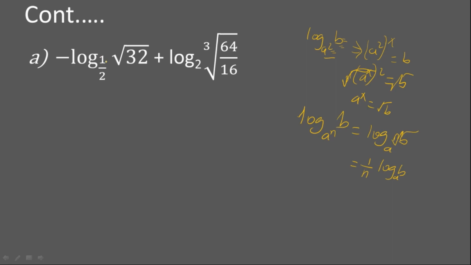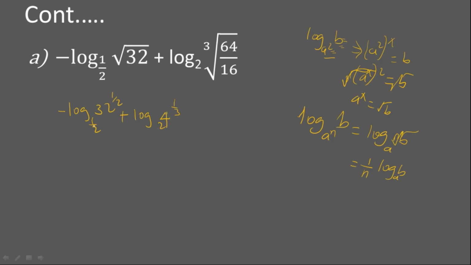So 1 over 2 means to the power of minus 1, and the exponent can be brought over here. So negative the logarithm of 32 to the base 32 to the power of 1 over 2. Since this square root means 1 over 2, plus the logarithm of, we can simplify this number easily. 64 over 16 is 4, the third root of 4, or 4 to the power of 1 over 3, to the base 2.